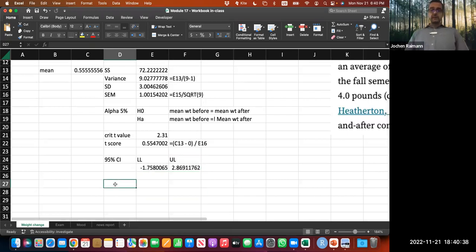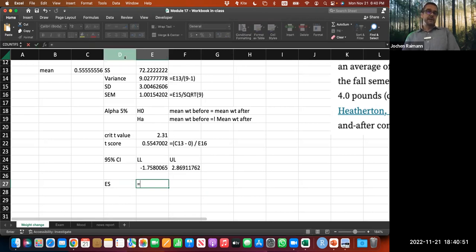So lastly, with our hypothesis testing, we also always calculate our effect size, and the effect size is calculated, as we know, as our mean difference minus the null hypothesis, divided by the standard deviation rather than the standard error of the mean, because we recognize that the standard error of the mean is affected by the sample size.